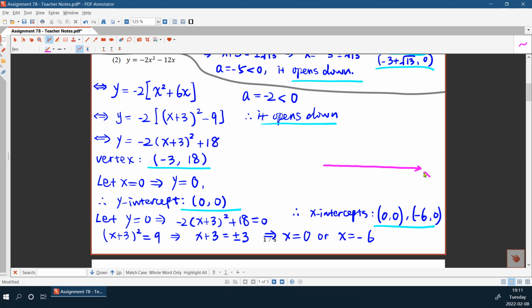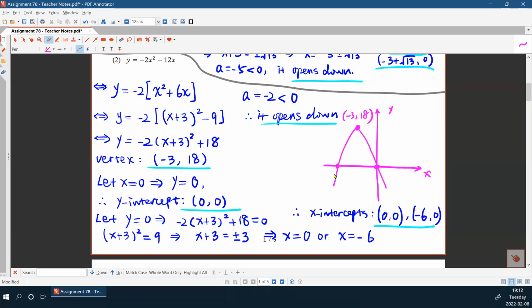Okay, x-axis, and then y-axis. First of all, the vertex -3, 18 is about here, right? And then one of the x-intercepts is 0 here. Apparently, the y-intercept is also here. So basically, it has a shape like this. Vertex -3, 18.